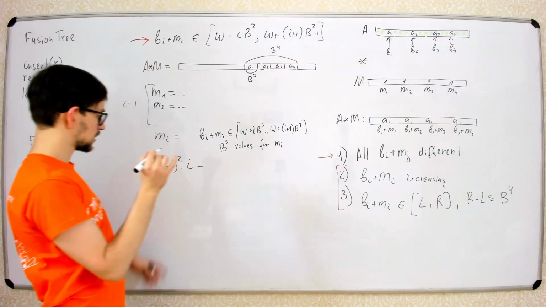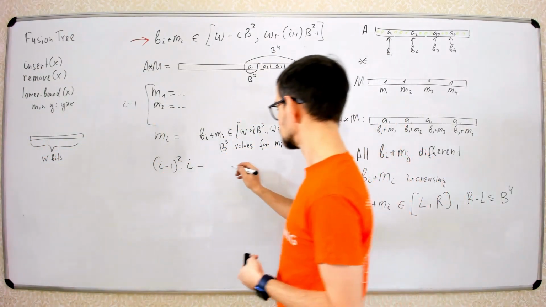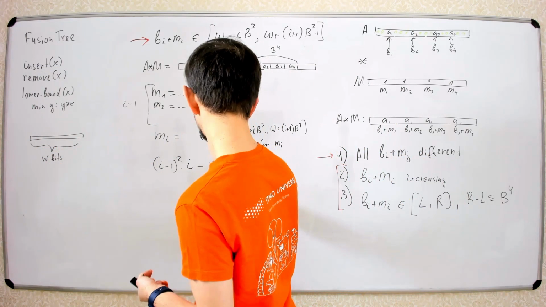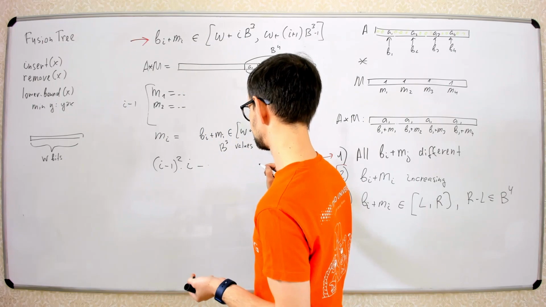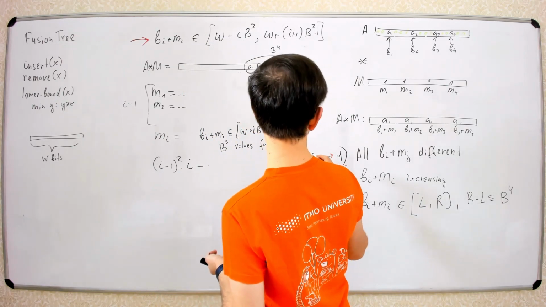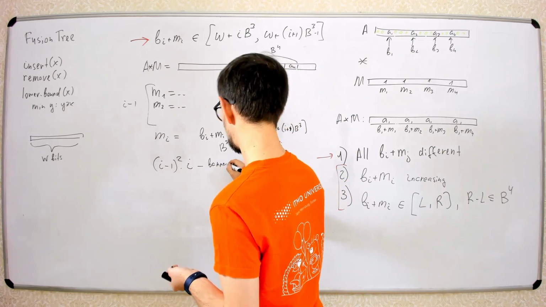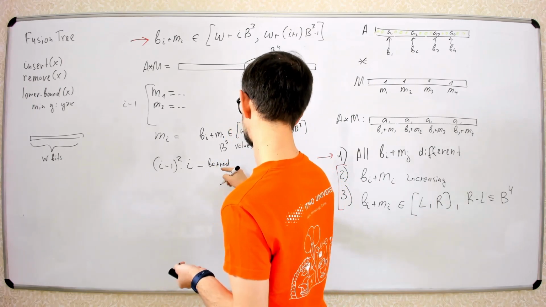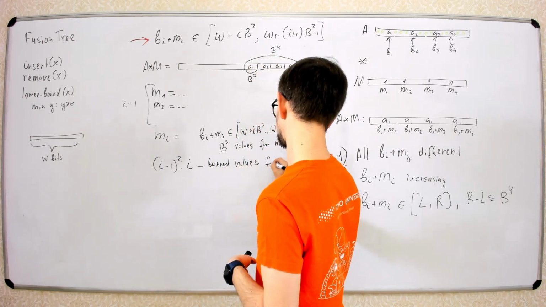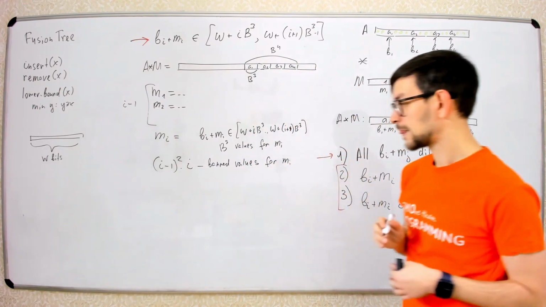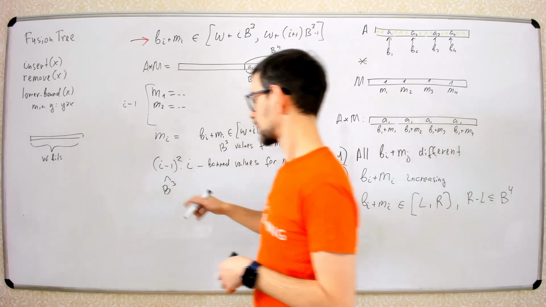So this is the total number of positions I cannot use for my mi. Let's call them bad values. I see that this number is actually less than B cubed.